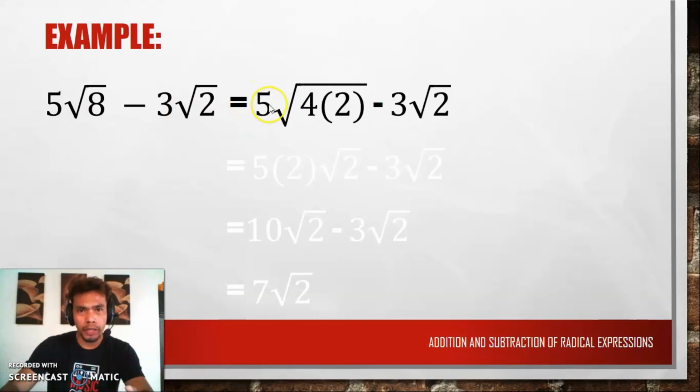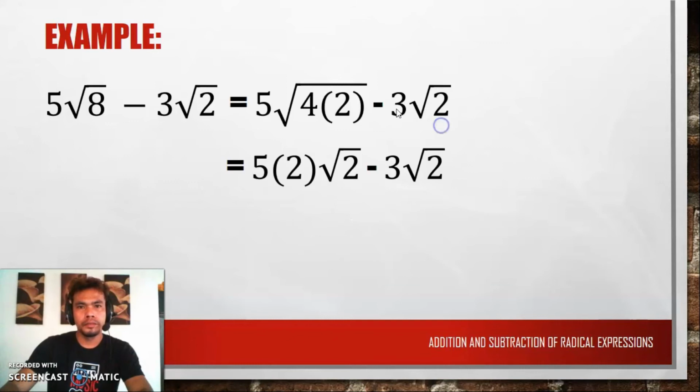Okay, so we have here 5 square root of 4 times 2 because 4 times 2 is equal to 8. Just copy the next radical expression, minus 3 square root of 2, because it is already in its simplified form. After that, simplify. It will become 5. The square root of 4 will give you 2.